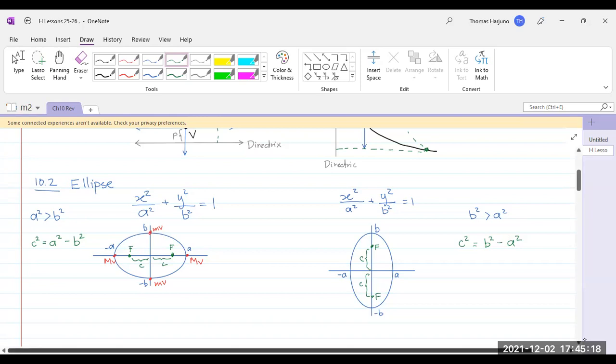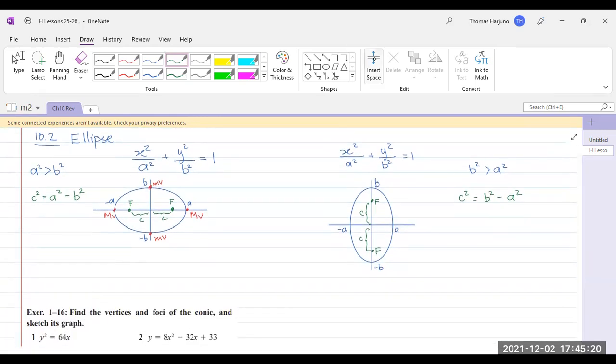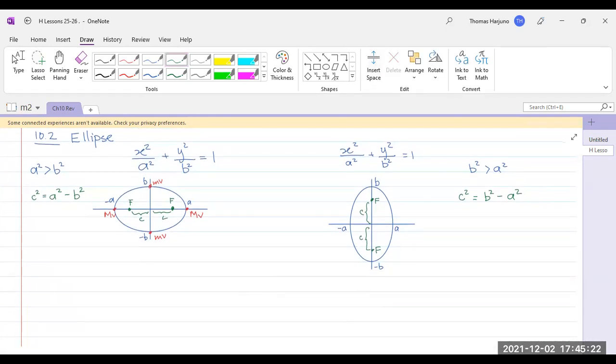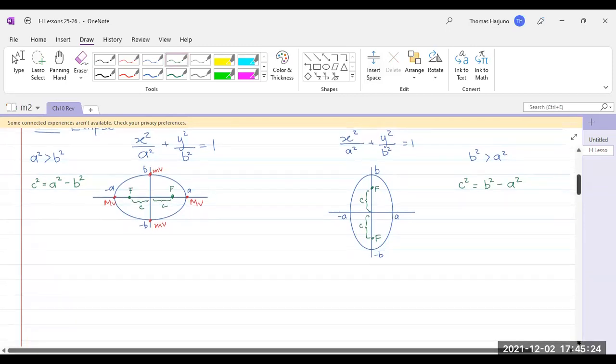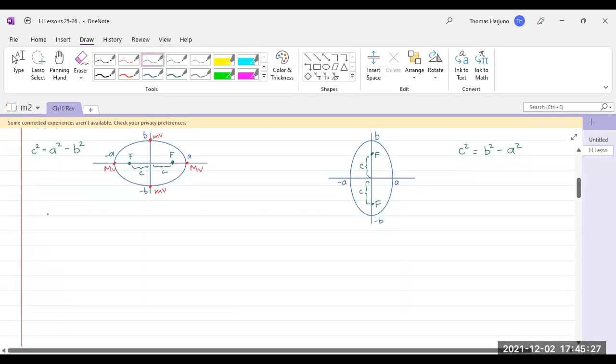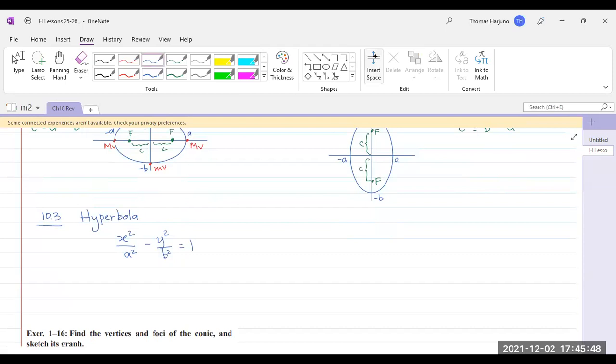Okay, now the last one is on hyperbola, that's in 10.3. If our hyperbola starts with the x squared minus y squared term, then the hyperbola will open left-right.